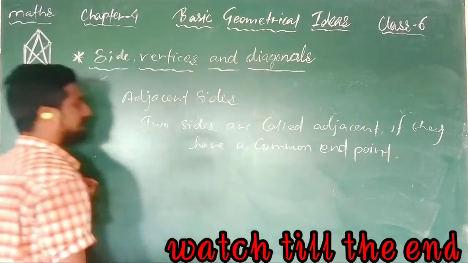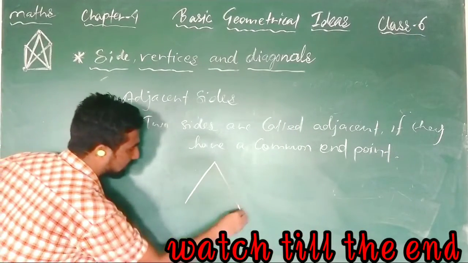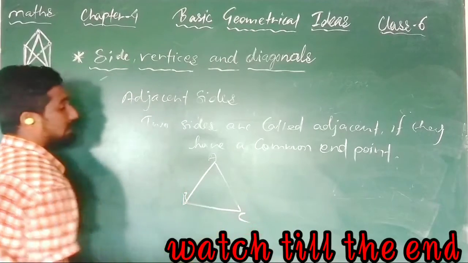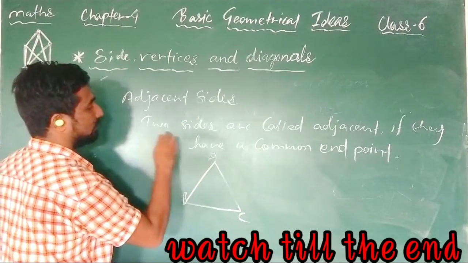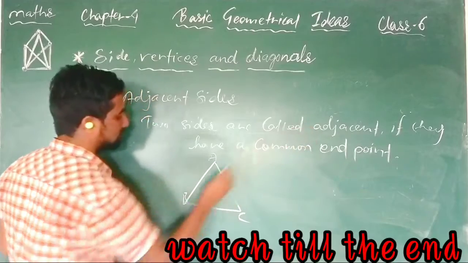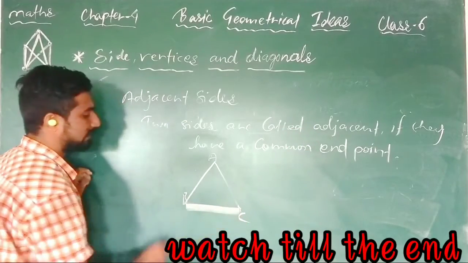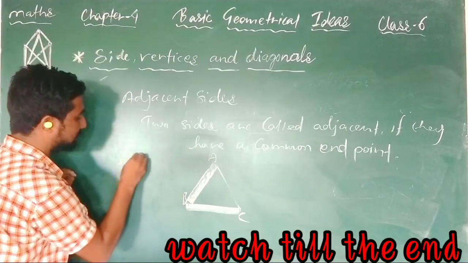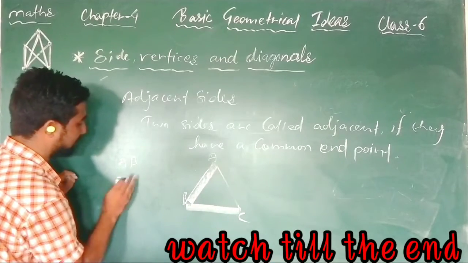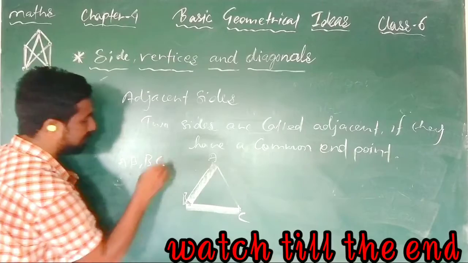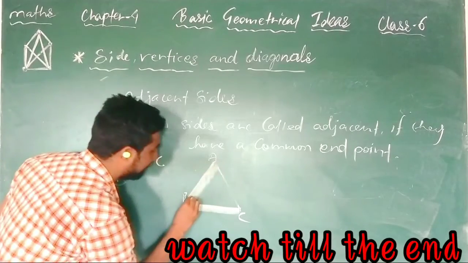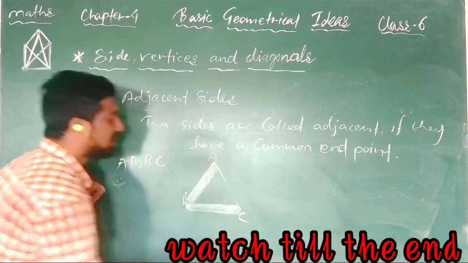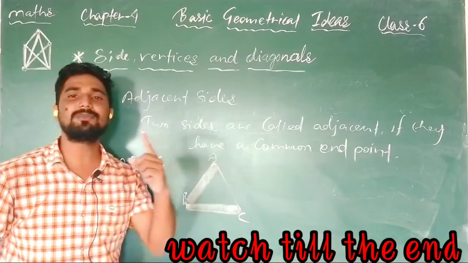What I am telling you, you will understand. This is triangle ABC. There it is written, two sides are called adjacent, means two sides will be taken. You see, AB is the first side and BC is the other side, and I have taken these two sides AB and BC. AB has point A and point B, and BC has point B and point C. So in AB and BC, is anything common?